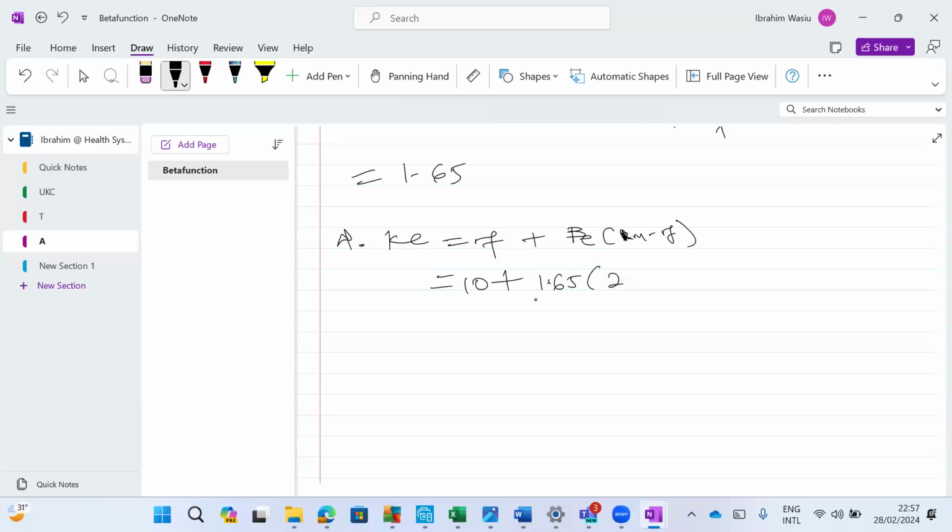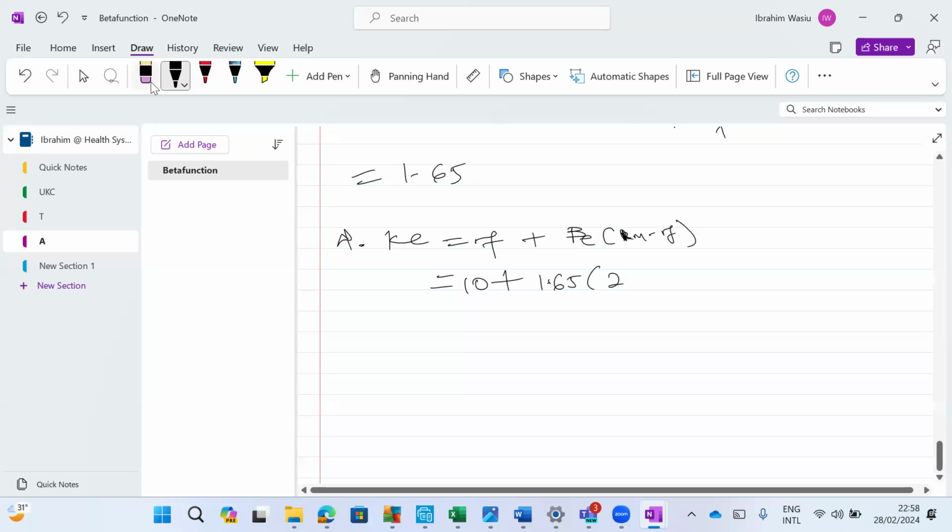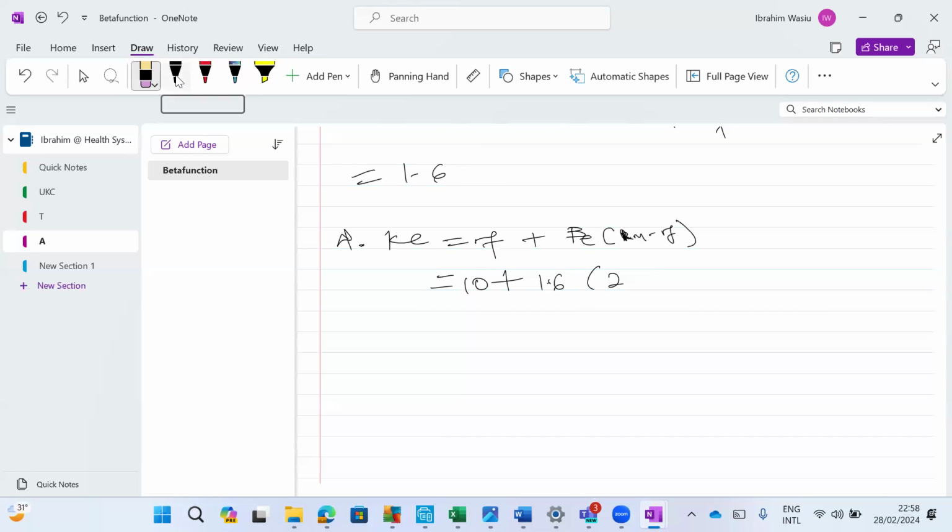Let me change this, I thought it was 1.65. That was the question. It's 1.598, so approximately 1.6.